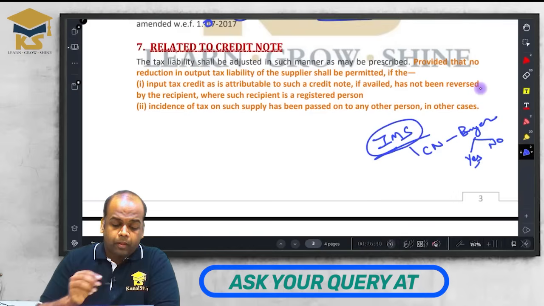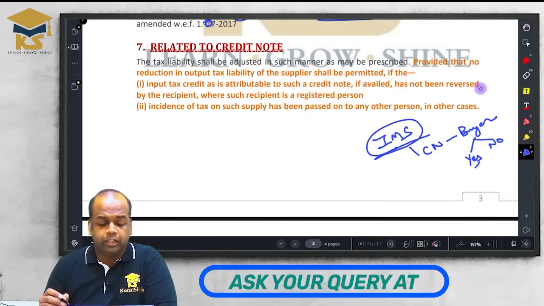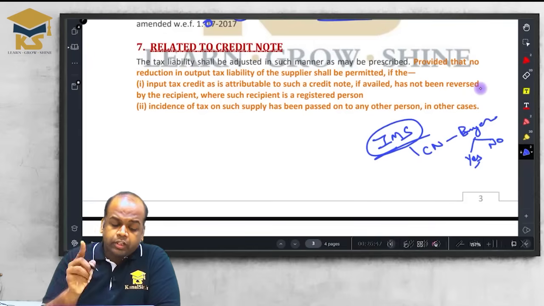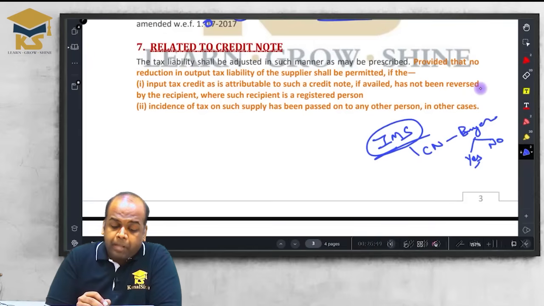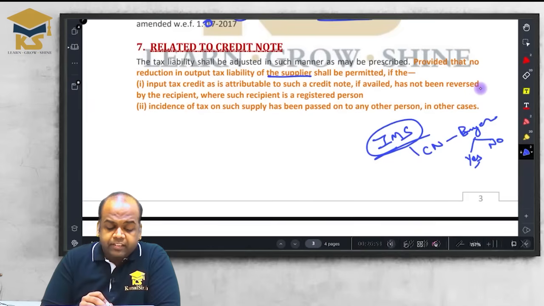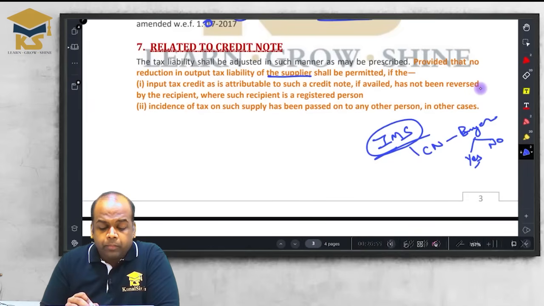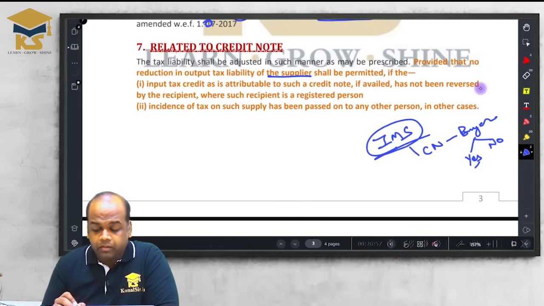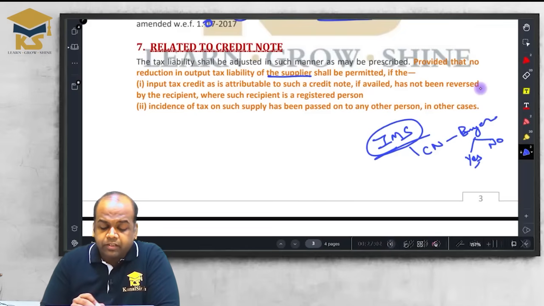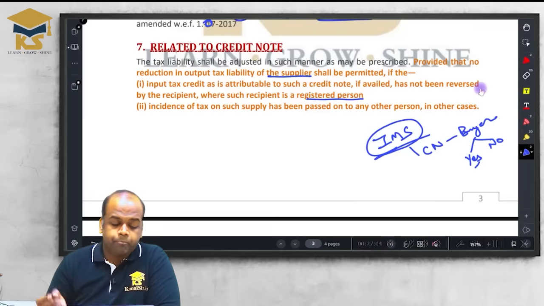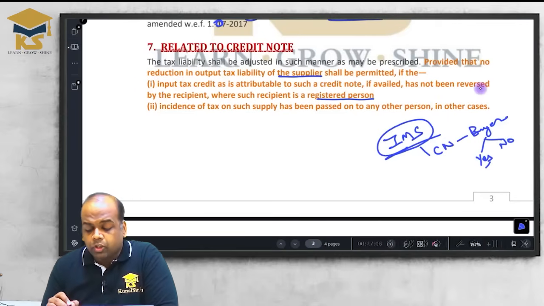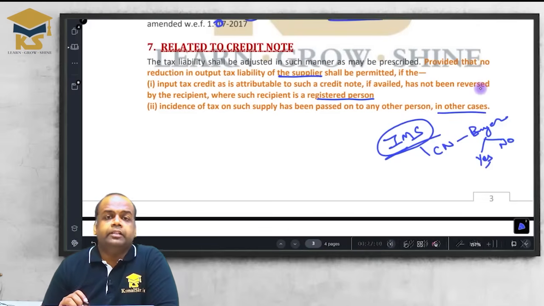So see here, what is added? I have given in this colored text: provided that no reduction in output tax liability of the supplier shall be permitted if input tax credit as is attributable to such credit note, if availed, has not been reversed by the recipient where such recipient is a registered person, or the incidence of tax on such supply has been passed to any other person in any other case.